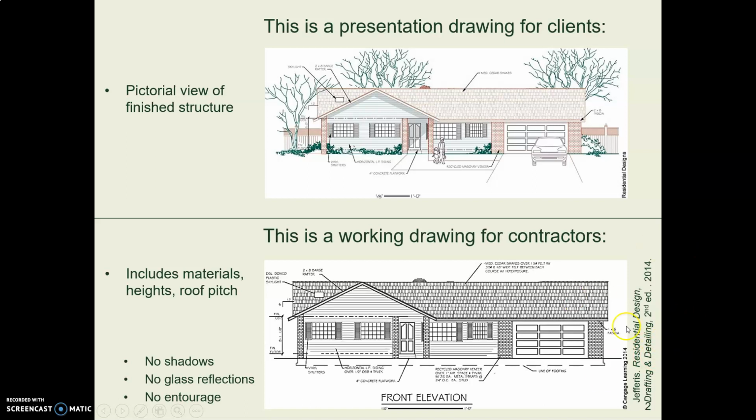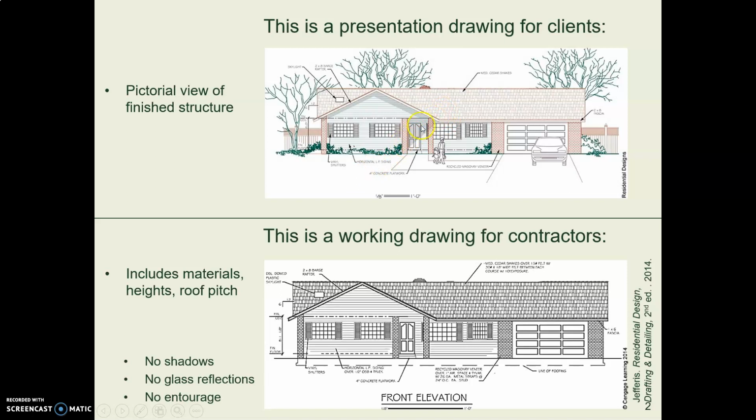These are from the author of our book. So at the top of this slide, you see something that is not a working drawing. This is a presentation drawing like you would do if you were designing house plans and you had a client and you wanted to show them what their house would look like. You might draw it in color, and look what else you do.